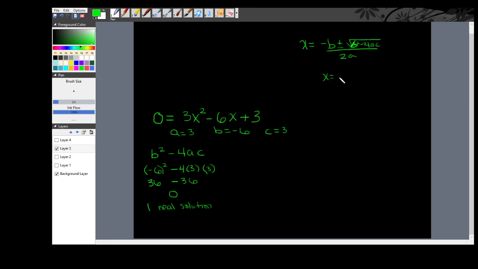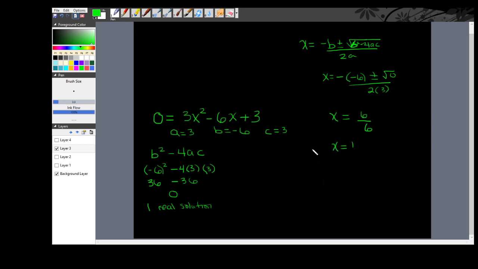So if I was really curious, there I've plugged in the 0 for my discriminant, the negative 6 for my b, and then my 3 for my a. Notice I have a negative negative here. So negative negative 6 is just a positive 6. Plus or minus, the square root of 0 is 0. So if I'm adding 0 or subtracting 0, it's not doing anything. So all of this stuff on top is just a 6. Down below, 2 times 3 is 6. So I get x equals 1.